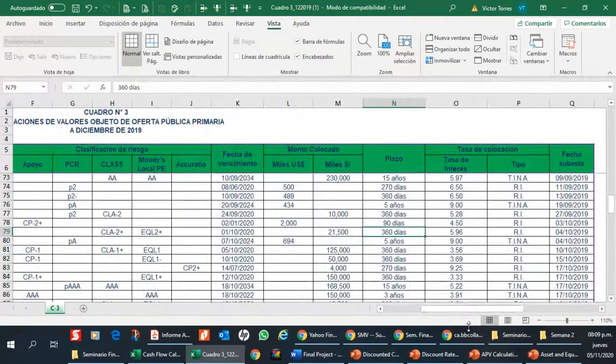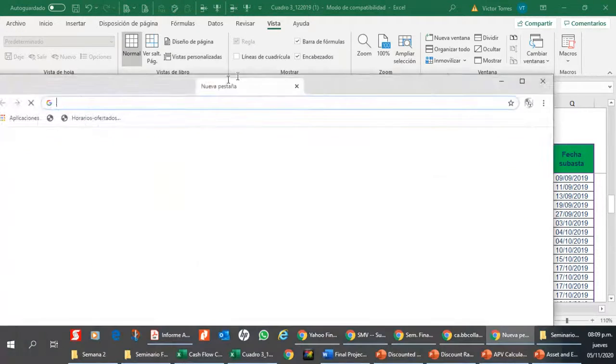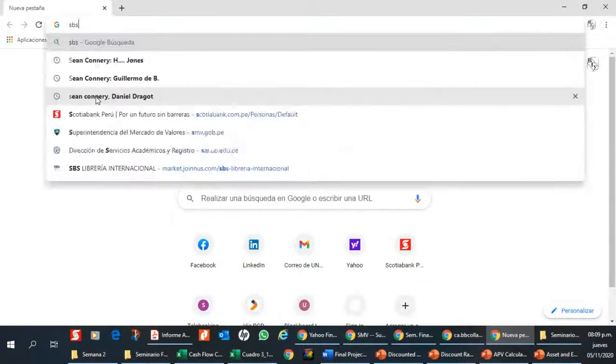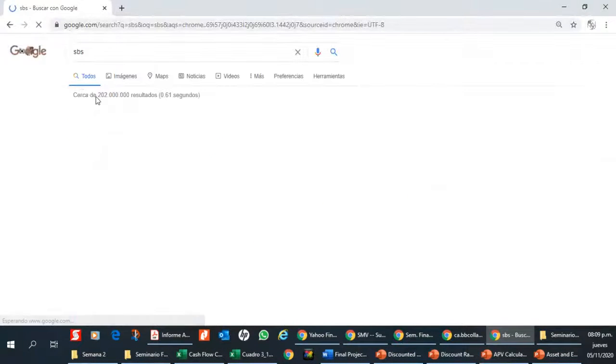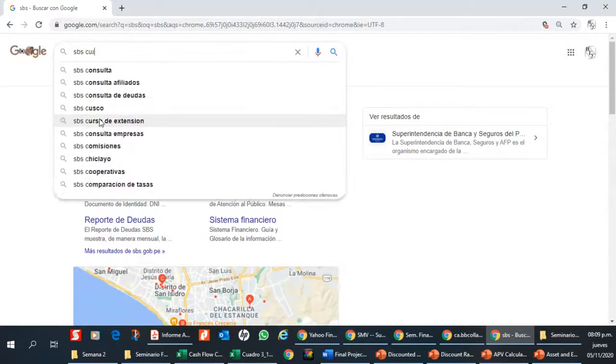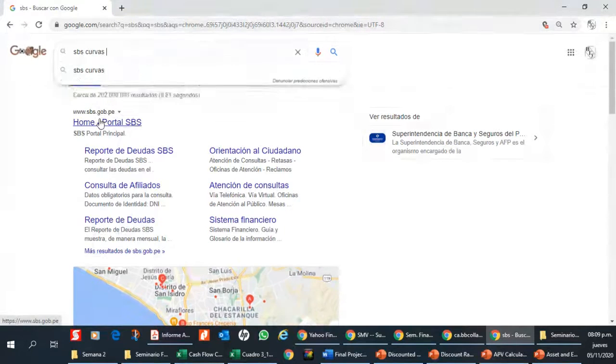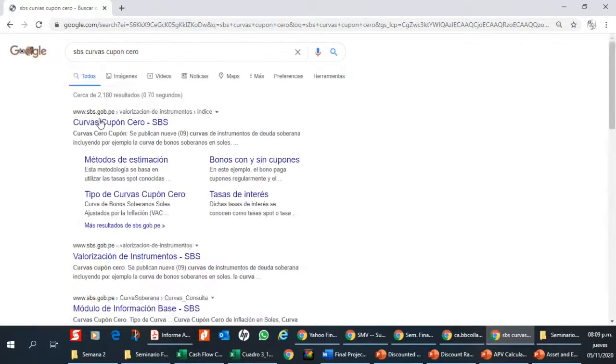Coming back here, different alternative if you want to think about it. I think I mentioned that when we were talking about financing, right? Our friends at Superintendencia de Banco y Seguros, they have this thing called zero coupon curves, right?